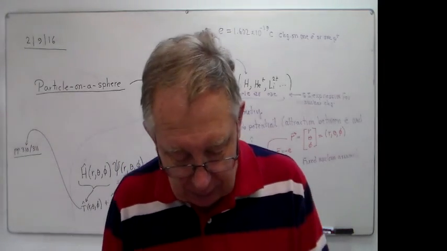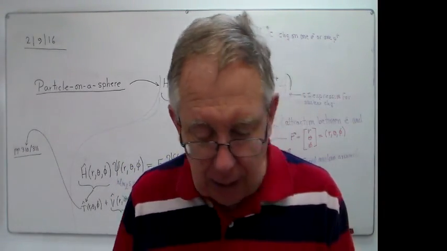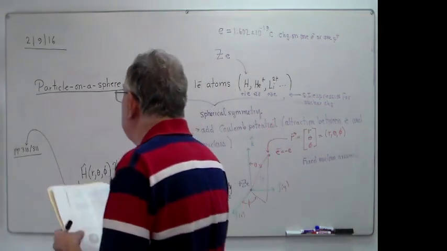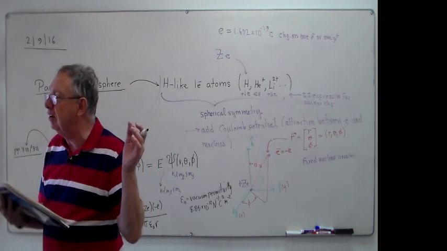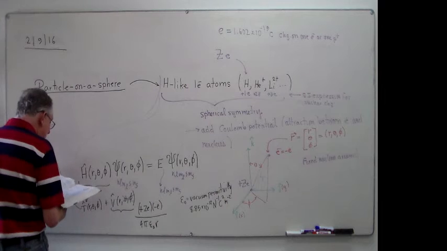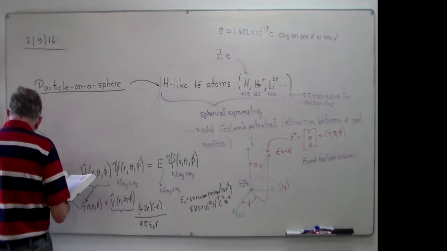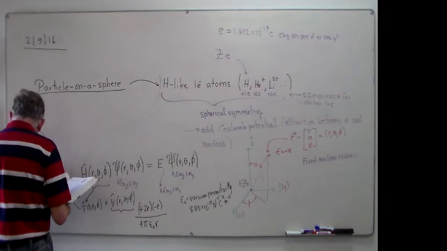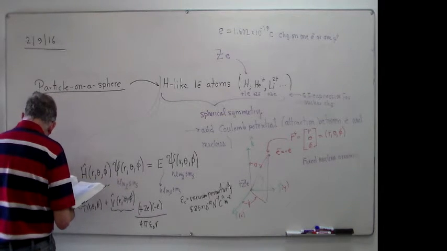Now, let me write this down, and then we're going to talk about some of the implications, which, interestingly enough, you've used in your chemistry classes since you were a freshman. You just didn't know where they came from. So, this kinetic energy operator is minus h bar squared over 2 times the mass of the electron, del squared of r, theta, and phi.